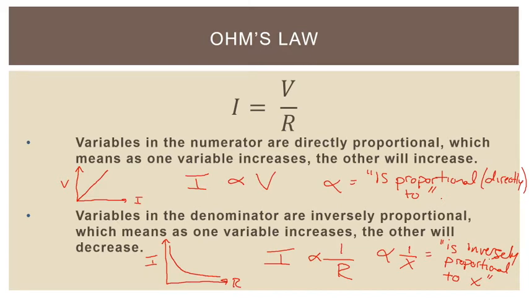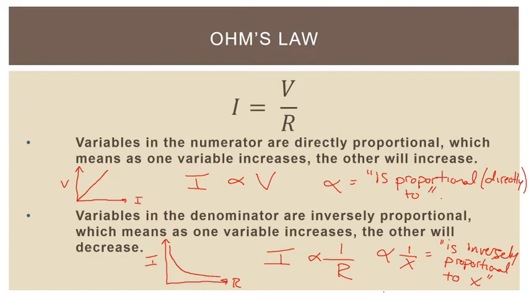And your job is going to be to say, since they are directly proportional, and again, you're going to say that like this using the alpha notation, that because those two variables are directly proportional, if you increased the voltage, then the current would increase. Of course, they could also ask you about what would happen if you increase the resistance, and you would argue it as we've shown on the bottom. It's important to remember, though, and I want to emphasize this because we are going to be using this a lot this year. When variables are inversely proportional, we use the same notation that we use when they're directly proportional.